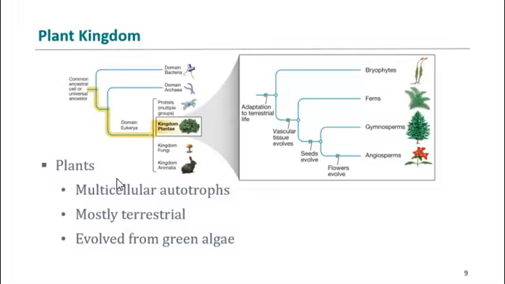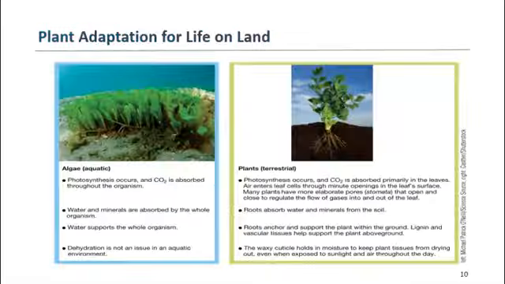And plants evolved from green algae. So their closest relative is probably some type of chlorophyte or a green algal ancestor. And our next slide looks at that.